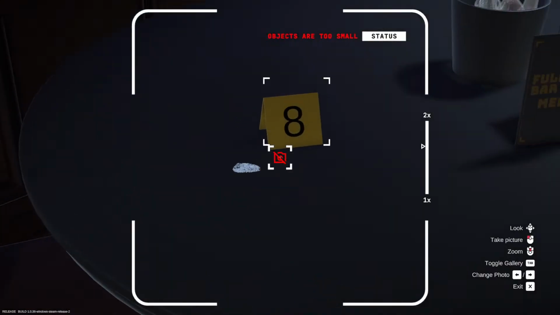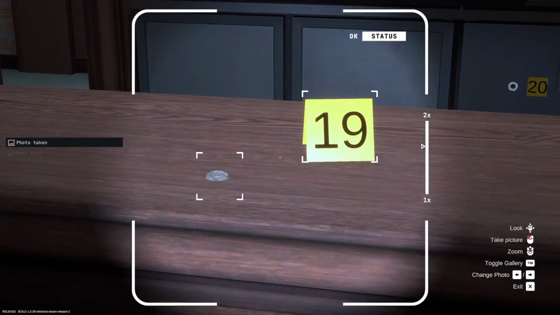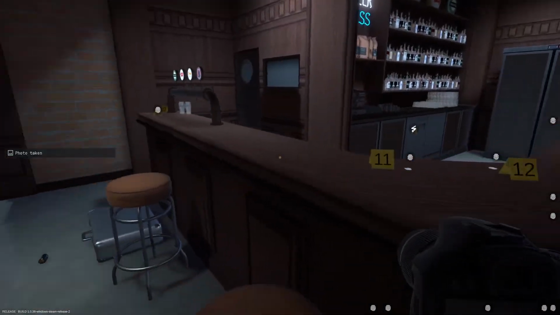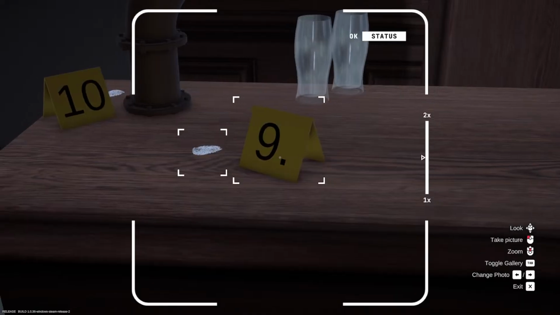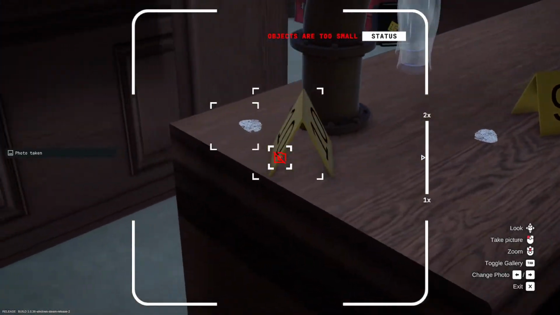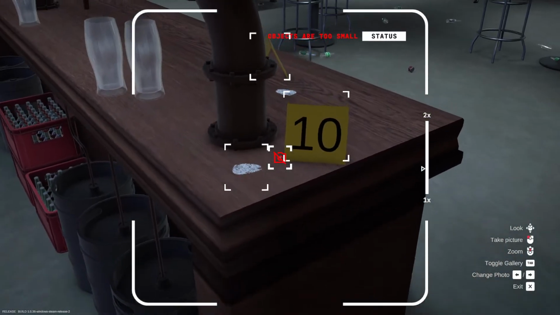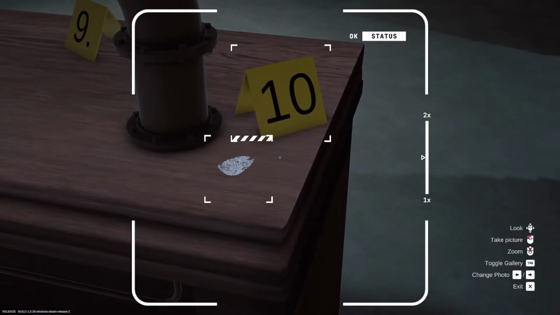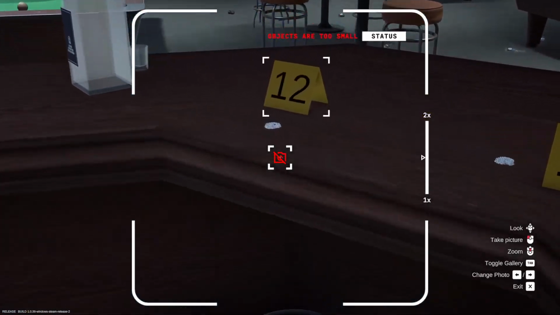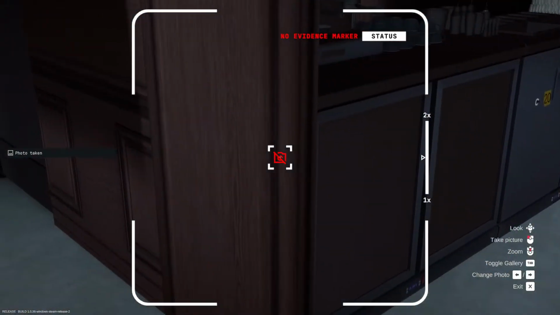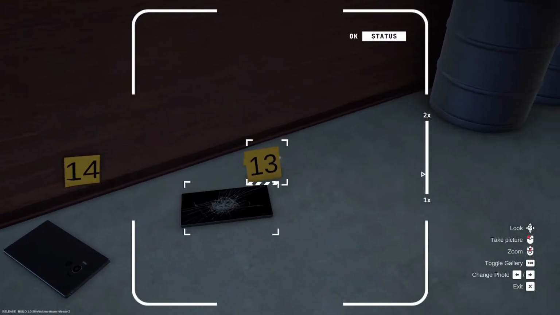I can't remember if I got this one, so I'll grab it again. Alright, we got 19. We gotta make sure we get number 12 when we go around. Alright, so this bar owner got killed. His daughter is dating some guy. We're probably gonna have to investigate him.